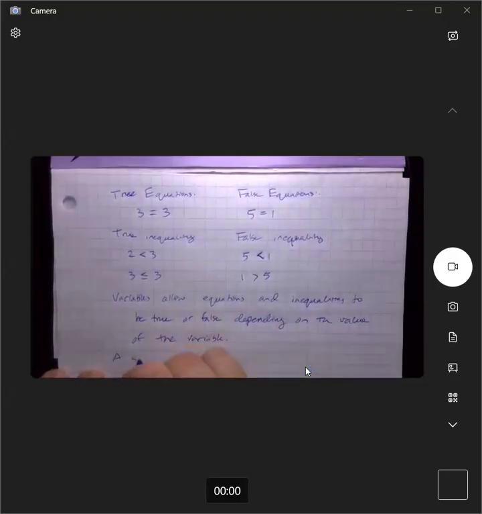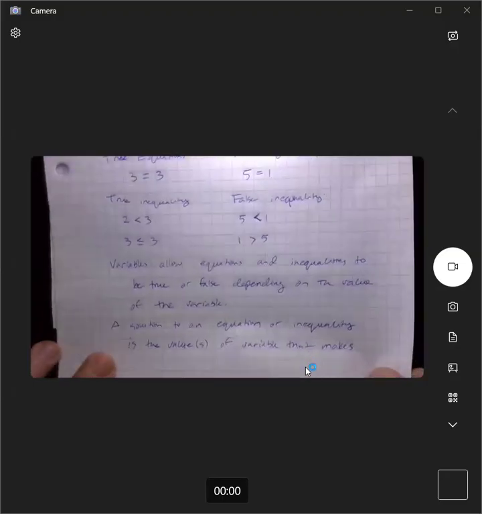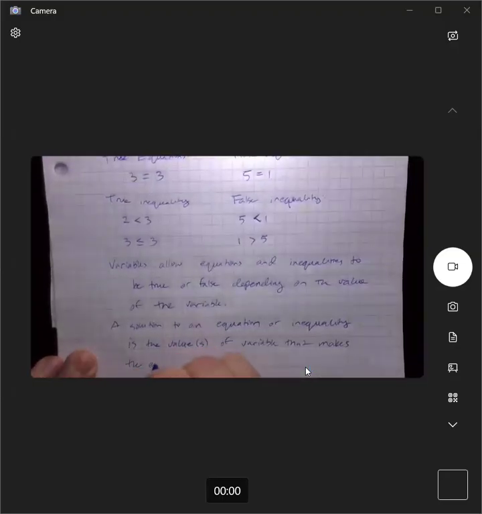So, a solution to an equation or inequality is the value, and there may be more than one, of the variable that makes the equation or inequality true.